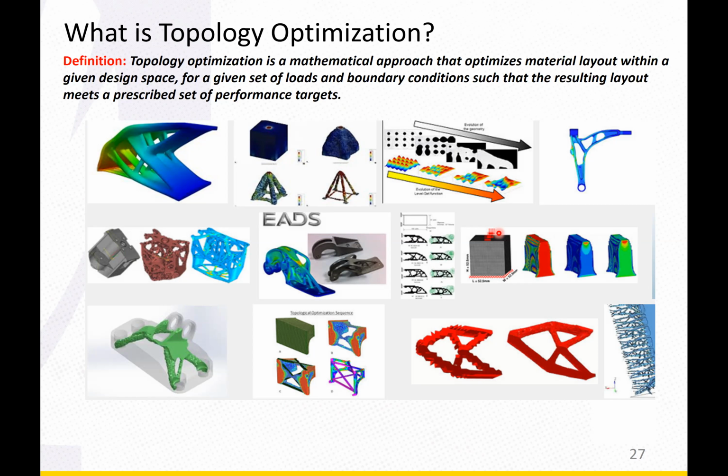Then how do we come up with an optimal solution? There's no way for a human to use their brain to come up with an optimal solution. So that is why we need a tool like topology optimization to help humans optimize their design. And as it's an algorithm, there's no limitation on the number of variables.